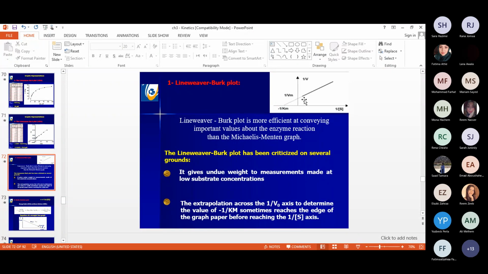So it was criticized, and when you don't have a value close to the y-axis, it becomes harder to do the extrapolation. Sure, when you have experimental points, they may not really come as a straight line.